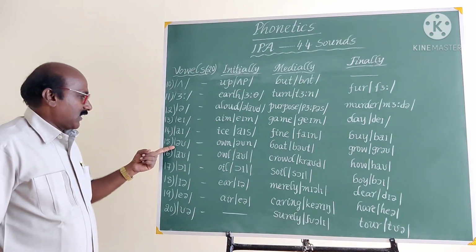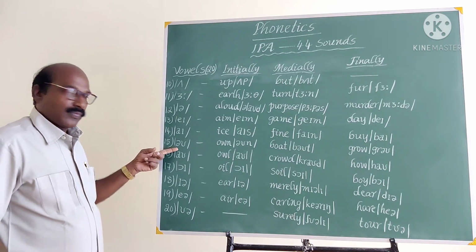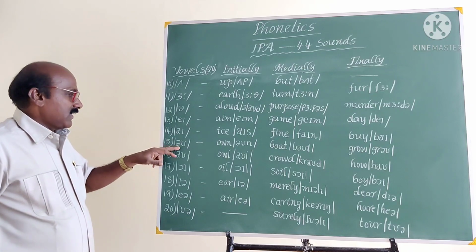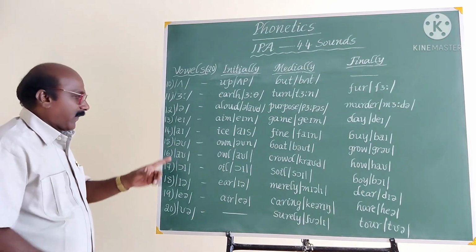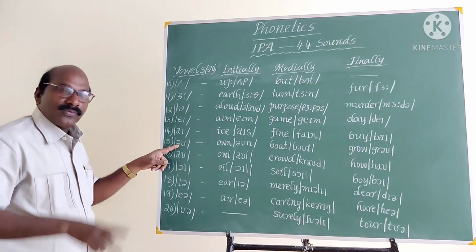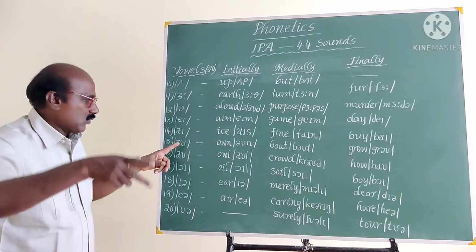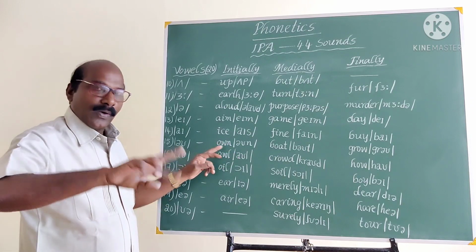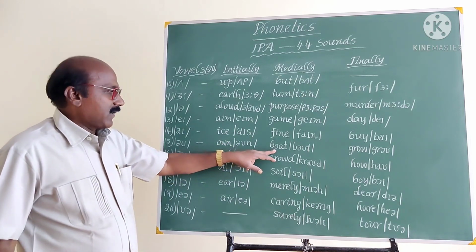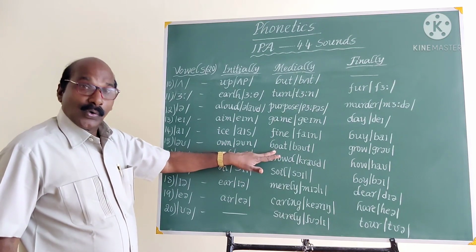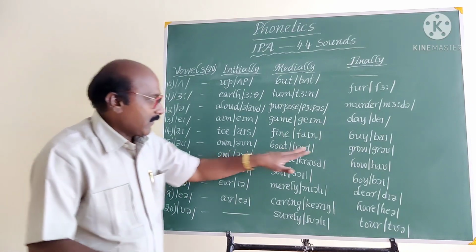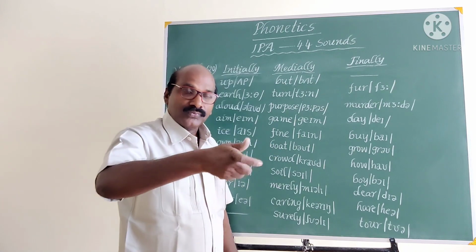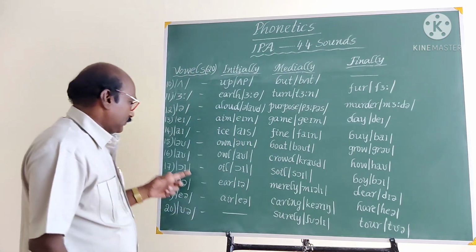The other diphthong is O. From A to U. This diphthong glides from A to U. O, as in own. Initially it occurs in own, medially as in boat, and finally as in grow.